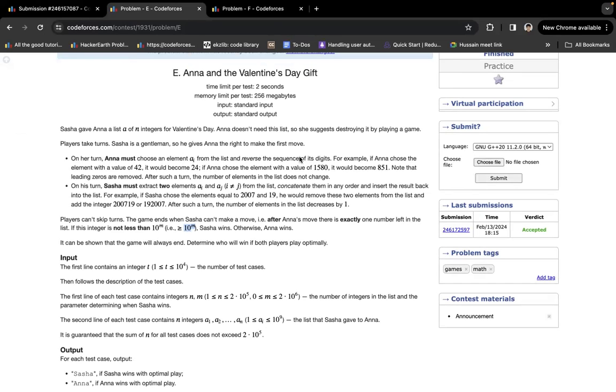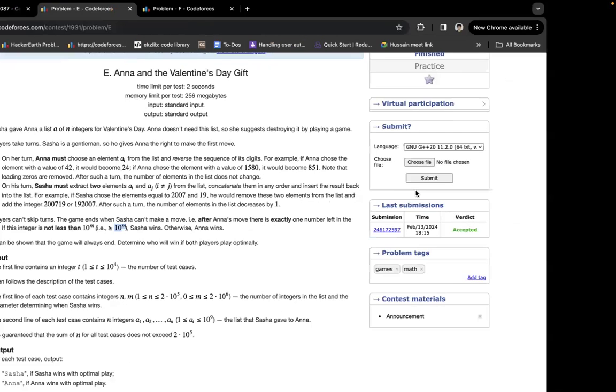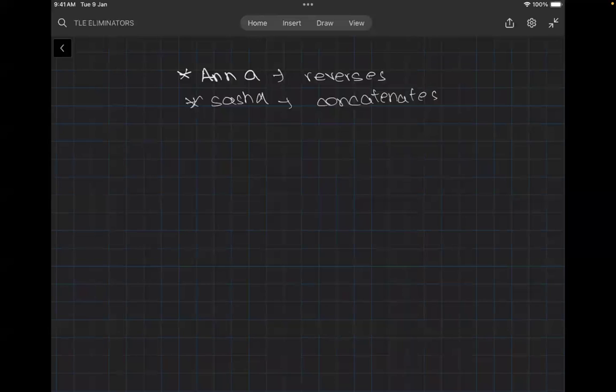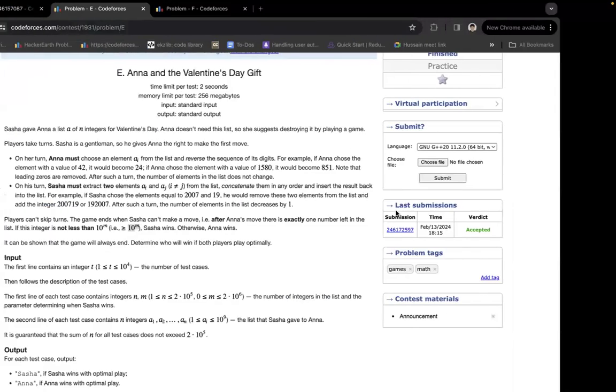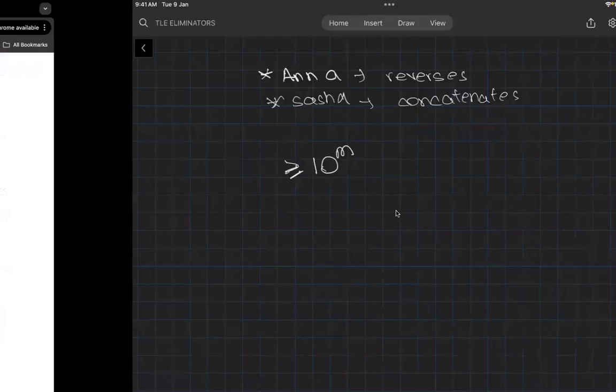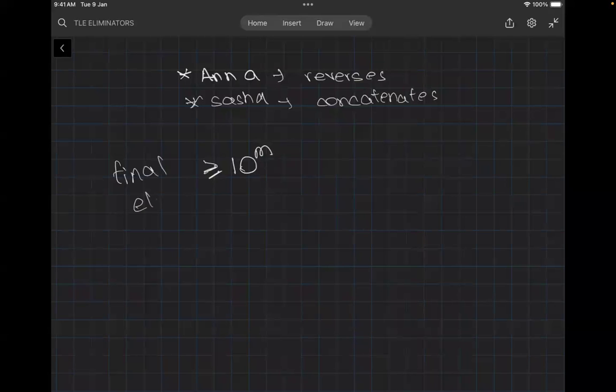Okay. Now, what does the problem ask? The problem asks that with optimal play, if the last element left is greater than or equal to 10 raised to m, then Sasha wins. Now, guys, this is a very, very important property.